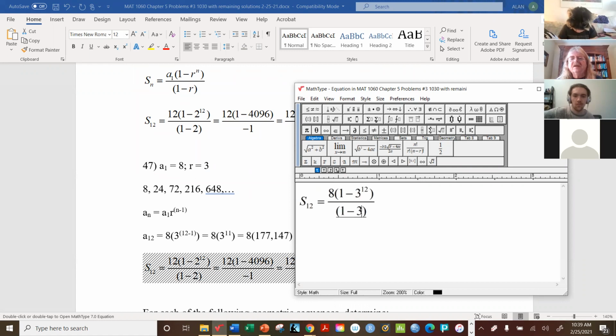And that means I have to replace this one as well. So I'll have the ratio of 8 times, now 3 to the 12th power, that is big, 531,441 over negative 2.